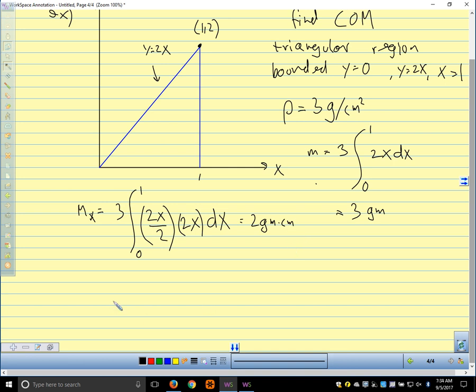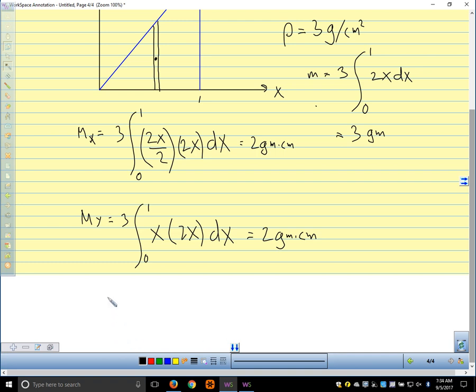M sub y is 3, integral from 0 to 1. Now we just have an x. f of x minus g of x, 2x minus 0, times 2x dx. That's the area if we think of dividing this into a little rectangle. If it helps you to draw the little rectangles, draw them in. There's the middle. And this comes out to be 2 gram centimeters.